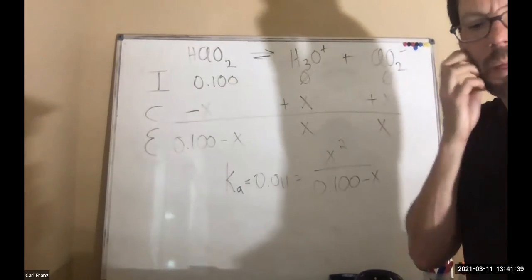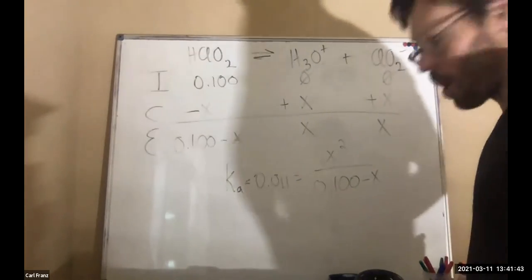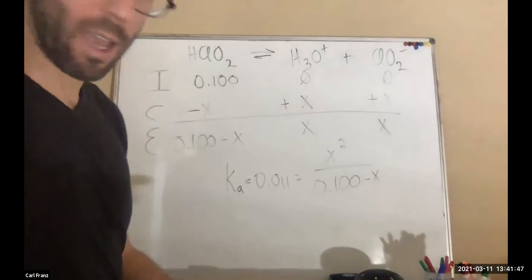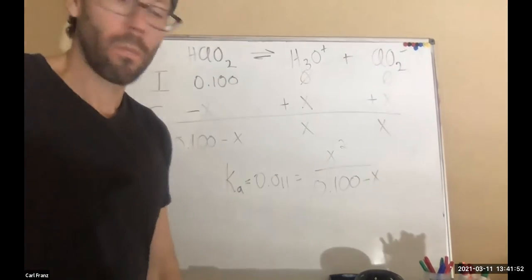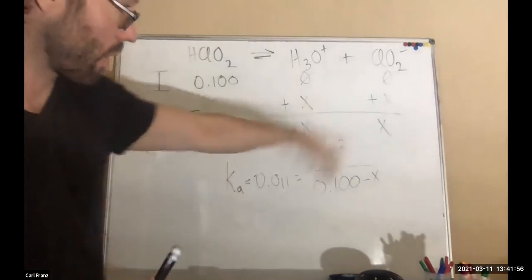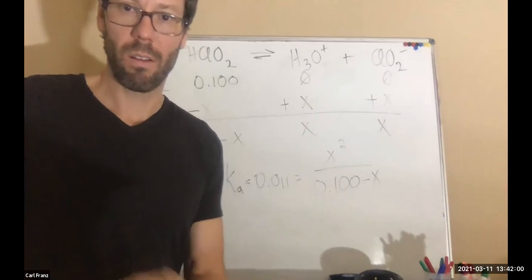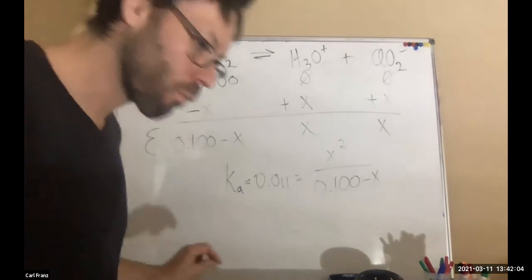All right. Do we want to do the x is small assumption? We do have a K, 0.011. Let's try it, right? Because it's always easier to get rid of an x and then find out that assumption was wrong than to try and struggle through it the hard way, all right?